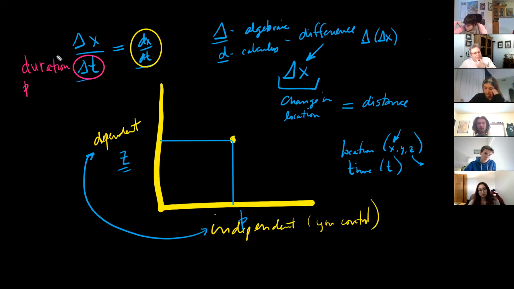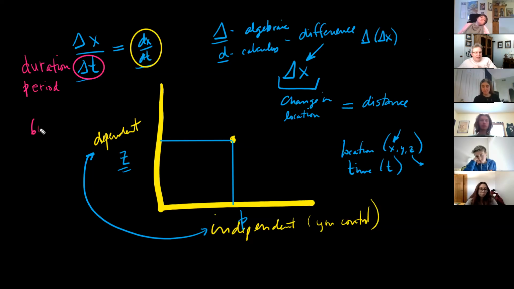A duration. What could you have said? A period of time. So how does your location change over a duration? Over how much time has elapsed? Over what period are we talking about?